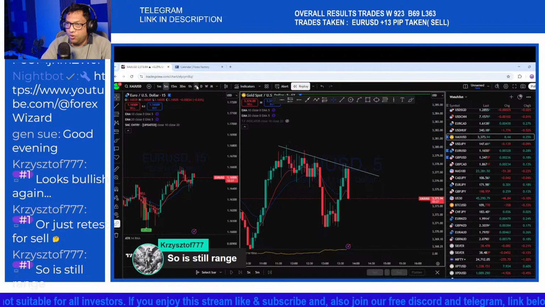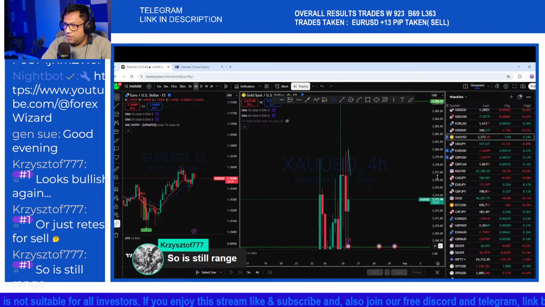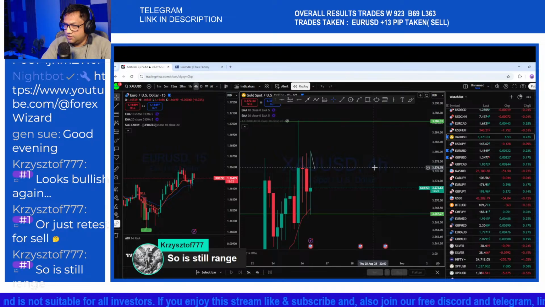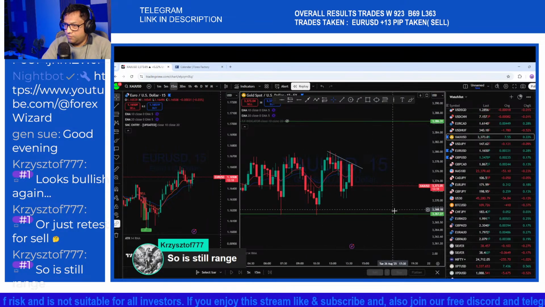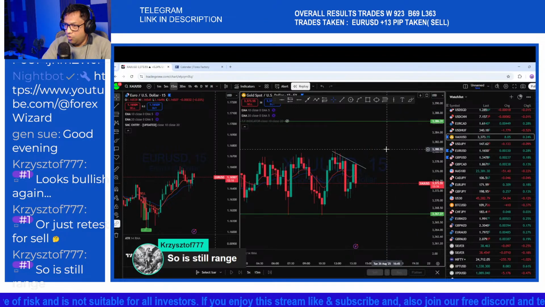Having that break below here on the 4 hour, you can see the market is breaking below again, and that's a potentially significant move.